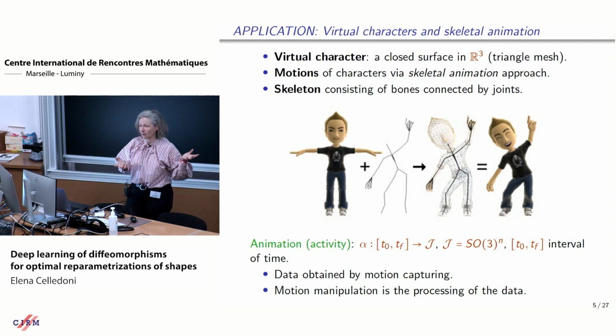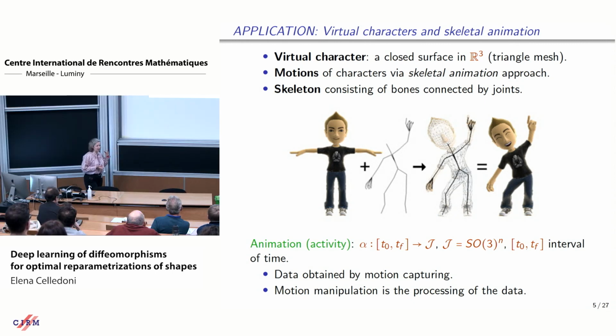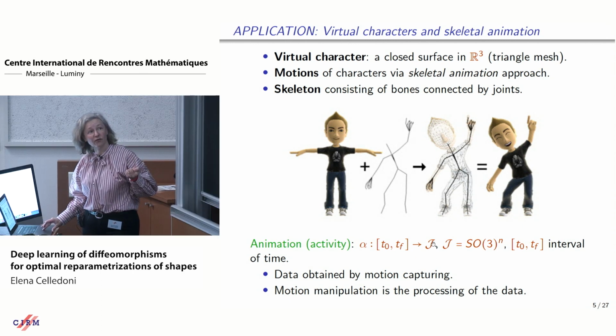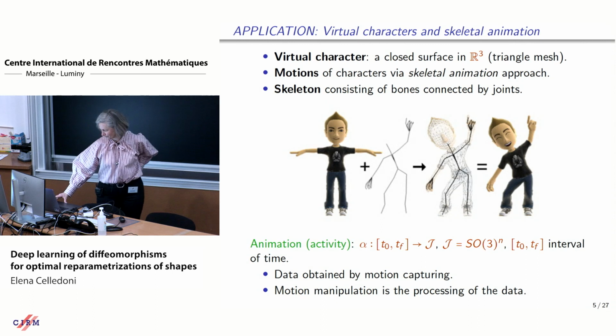Or another application is the case when you want to recognize the type of activity that is done. So first of all, you have to digitalize the data. And what happens is that the data is time dependent, it is a time curve, and the configuration manifold is given by a number of copies of SO(3), so a bunch of rotation matrices.